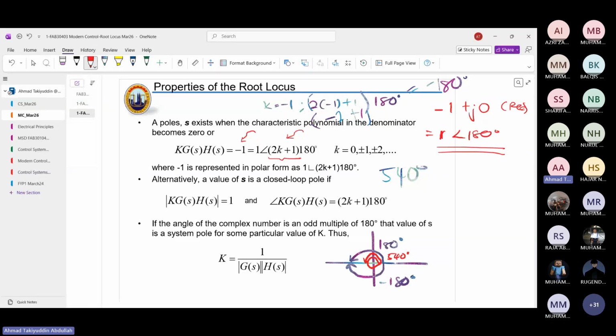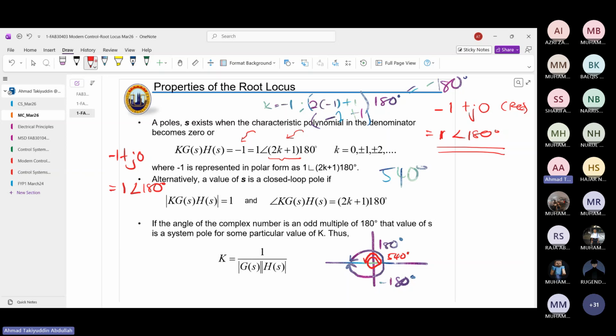I can simplify my explanation of this: minus 1 plus j0 is actually equal to, if I convert this rectangular form to polar form, the magnitude will be 1 and the phase will be 180 degrees.